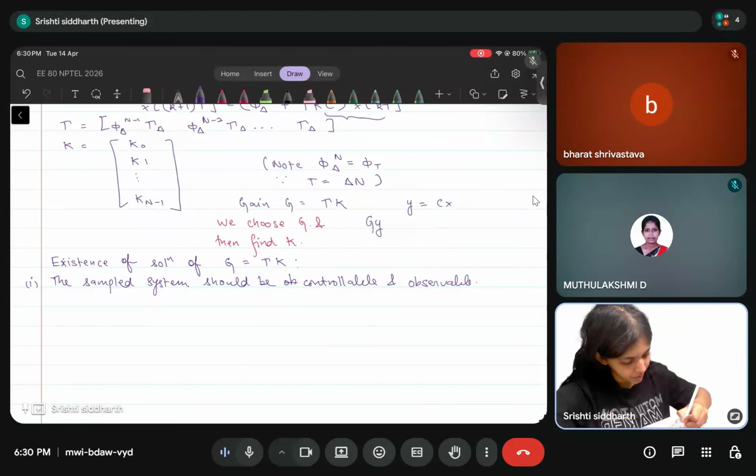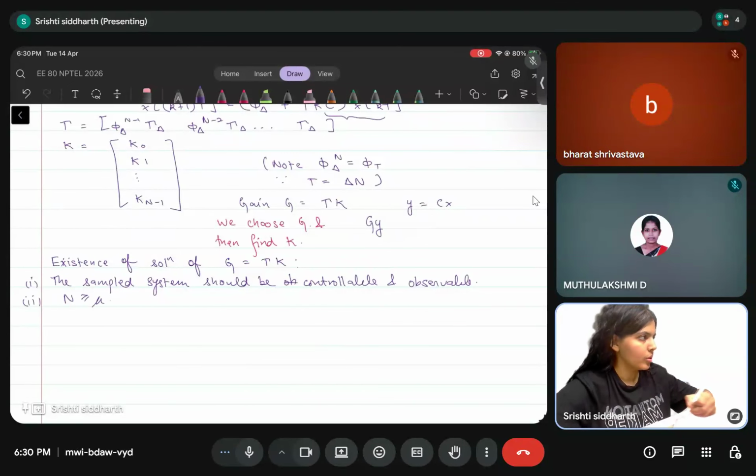And the number of intervals should be selected such that n is greater than or equal to mu. And for n equals mu, gamma is unique.